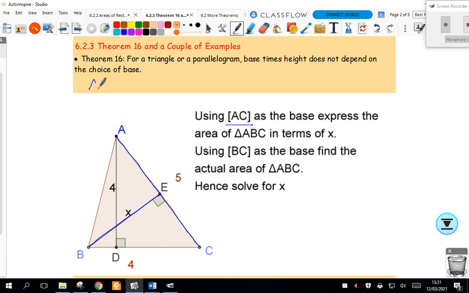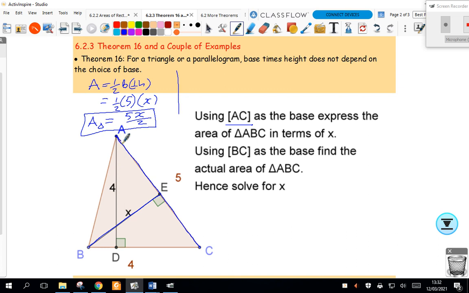So we know the area is equal to 1/2 times the base times the perpendicular height, which is 1/2 times the base here, 5 units, times the perpendicular height here, which would be x. So doing all my multiplication, that would be 5x over 2. So the area of this triangle is 5x over 2. That's in terms of x.